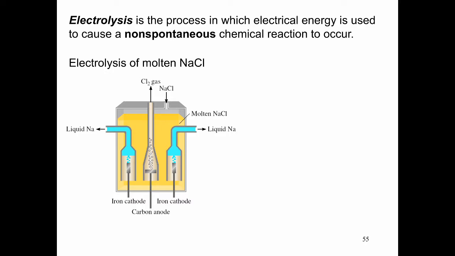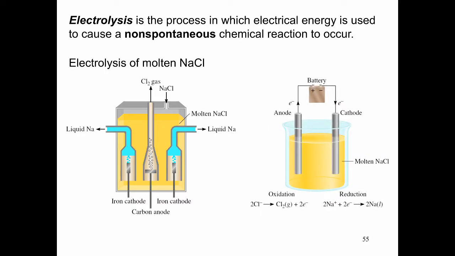But since this is electrolysis, we are applying a current, so it is the opposite of a galvanic cell reaction. Your cathode is the iron. You're applying energy at the cathode and at the carbon anode. You are applying current. Okay, so you have your electrolytic cell.